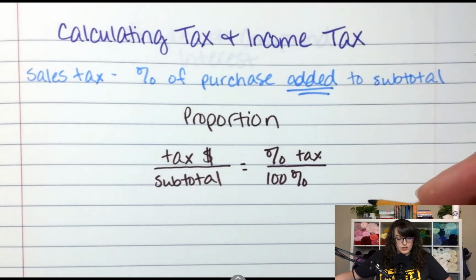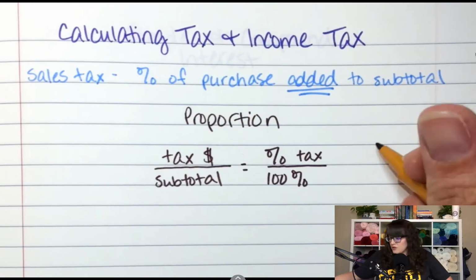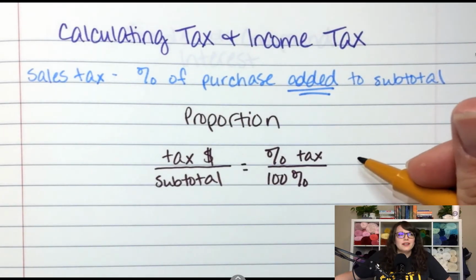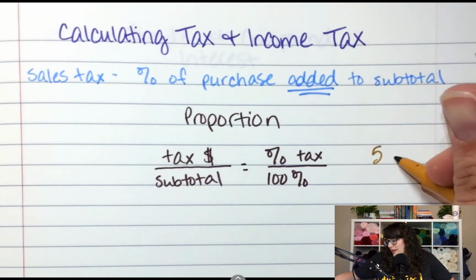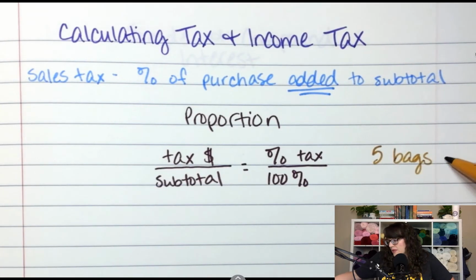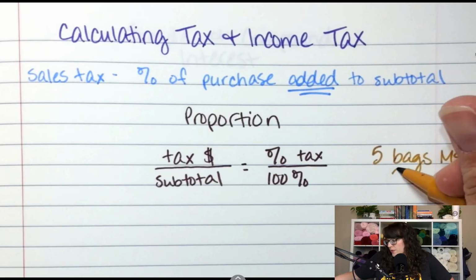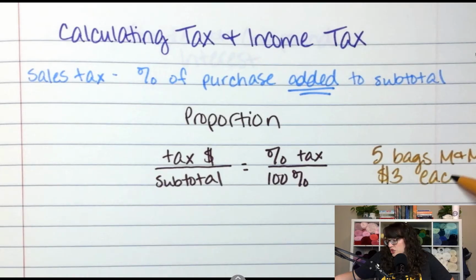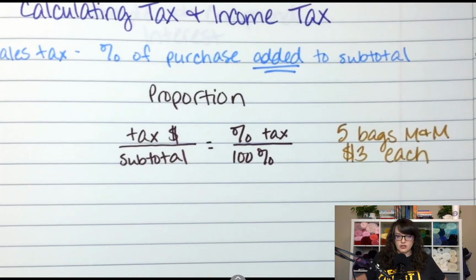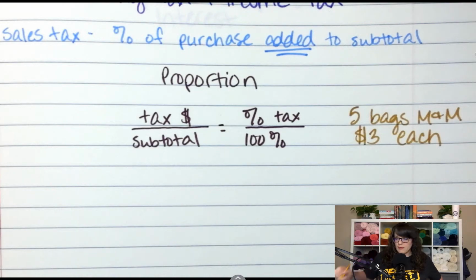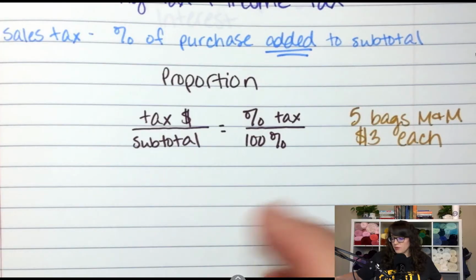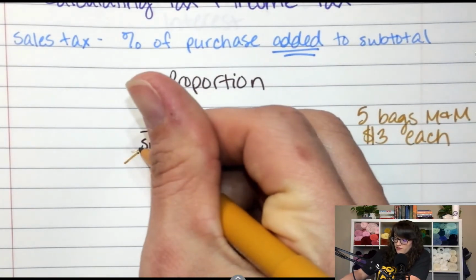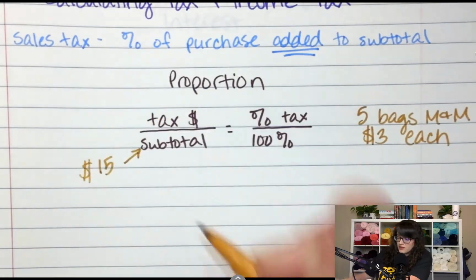So let's say I go to the store and I buy 5 bags of fudge brownie M&Ms that are $3 each. Now, what is my subtotal? If I bought 5 bags and they were $3 each, the subtotal would be $15 because I bought $15 worth.